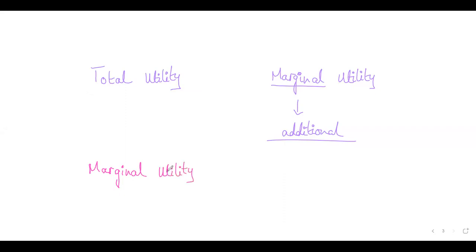Marginal utility decreases, whereas total utility increases, right? We're good?